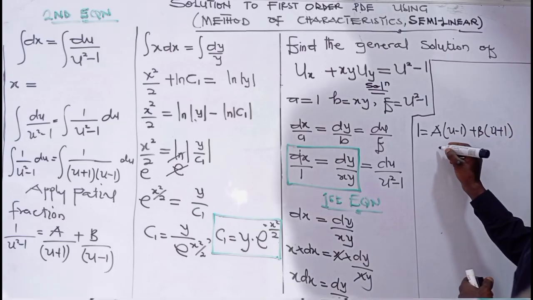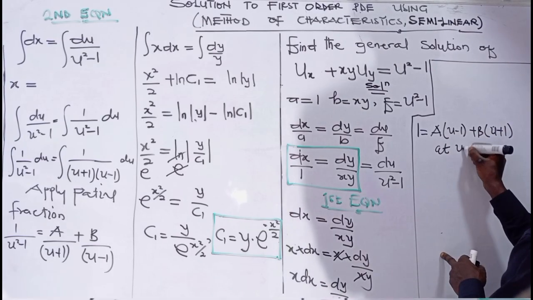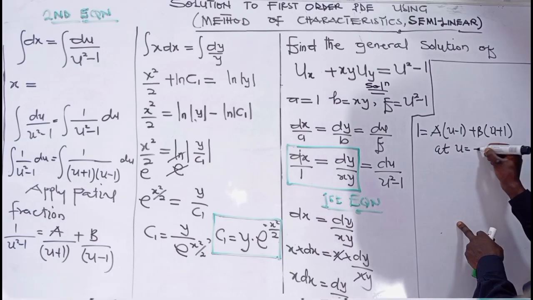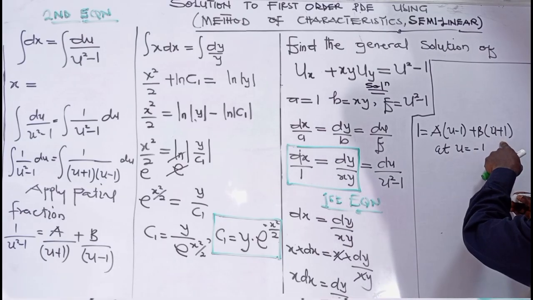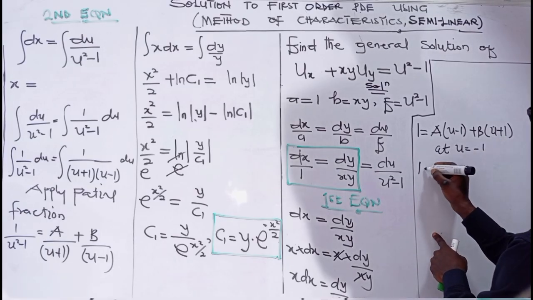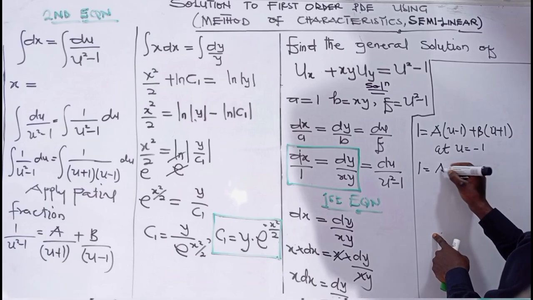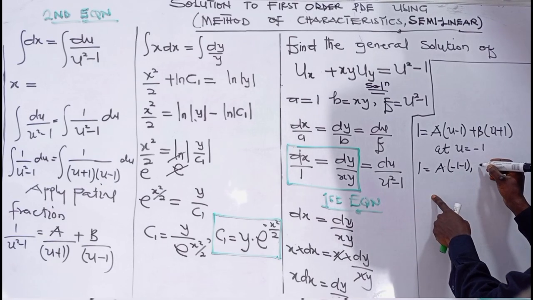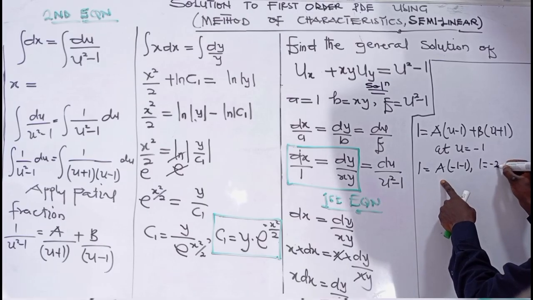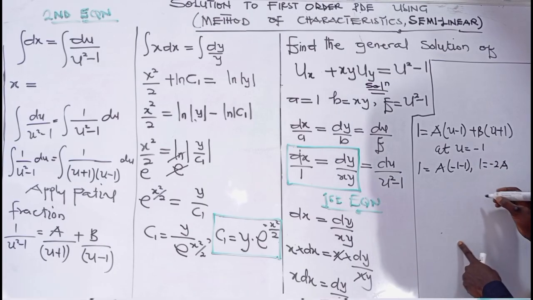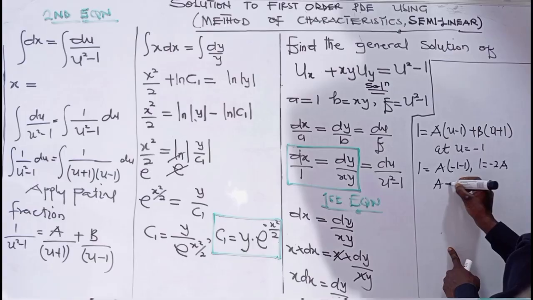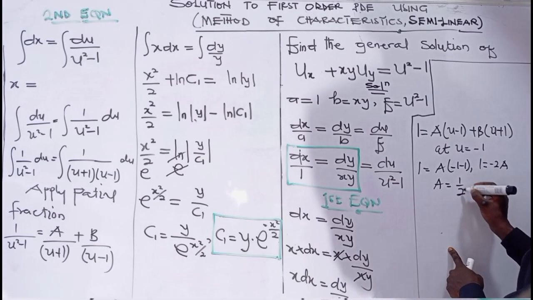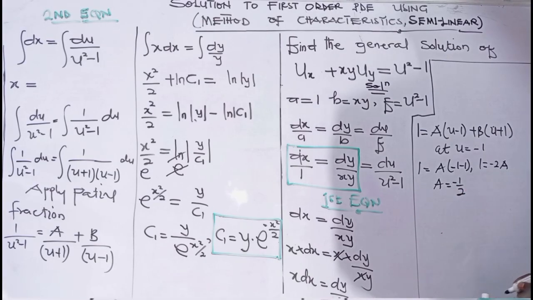So you can see that at u is equal to negative 1, this is going to be 0, right? So we are going to have 1 is equal to a times minus 1 minus 1. And then we are going to have 1 is equal to minus 2a. So from here we can say that our a is equal to 1 all over minus 2, or minus half.